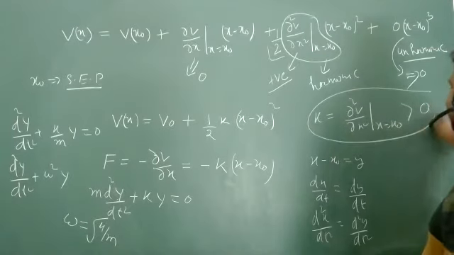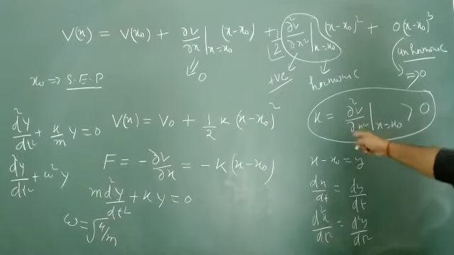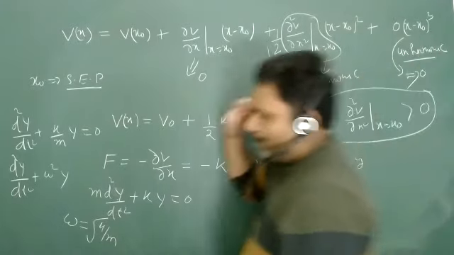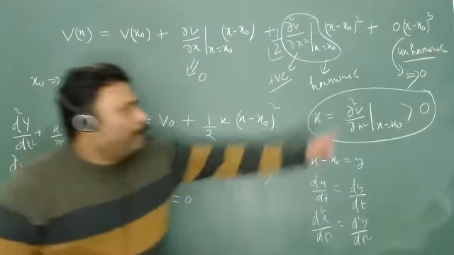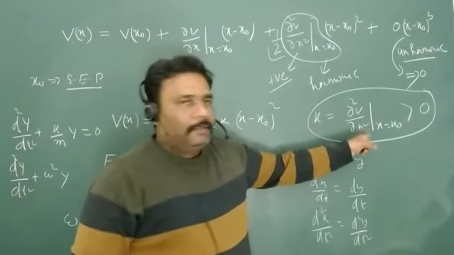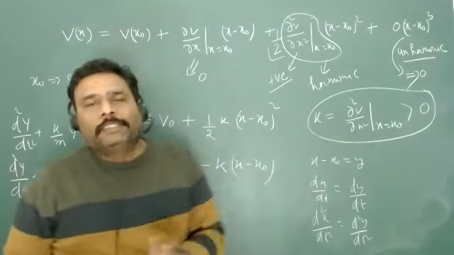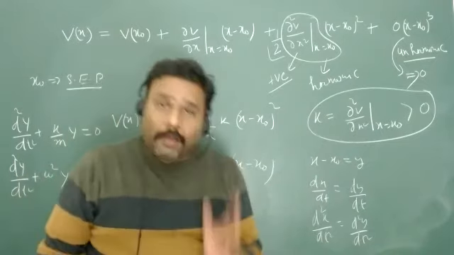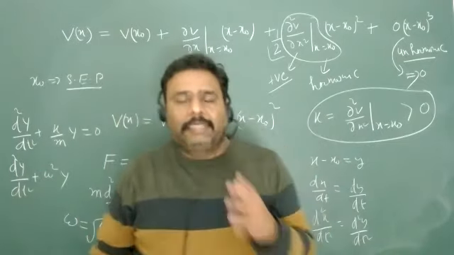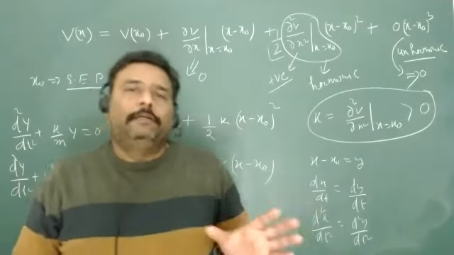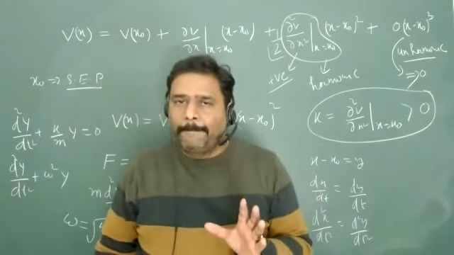This is your k. Now for any given potential, if you are able to calculate this number, you can easily calculate its angular frequency for small oscillation, which is equivalent to simple harmonic motion.